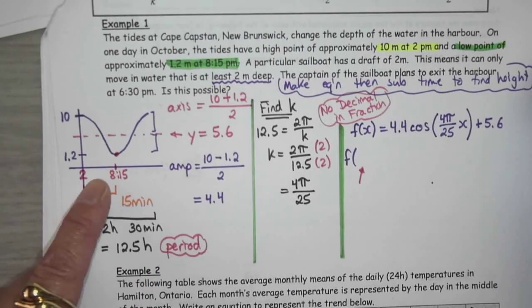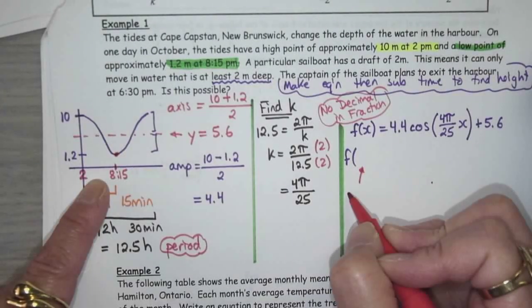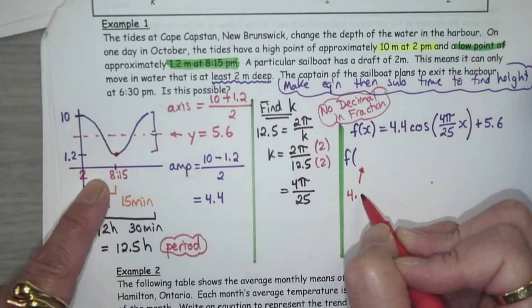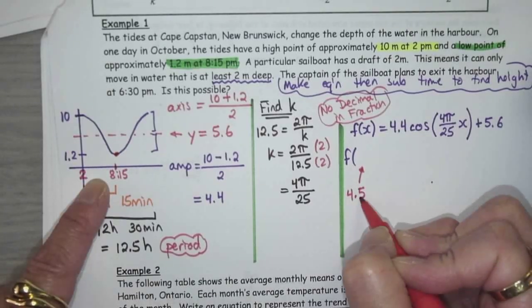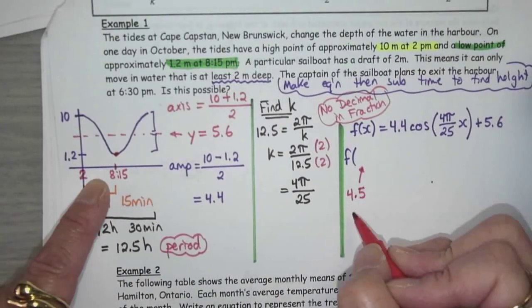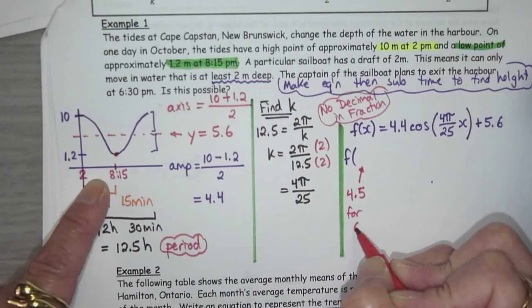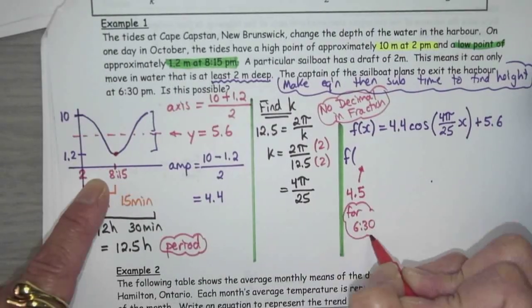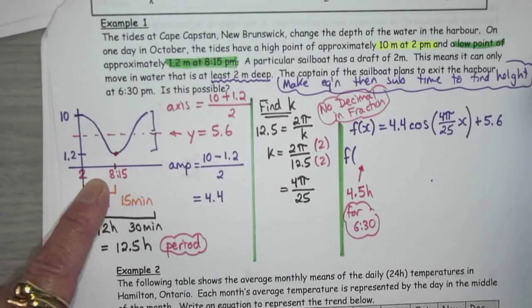So 630 is how many hours from 2? 4:30. Yes, so 4.5 hours, and that's for 630. Does that make sense?